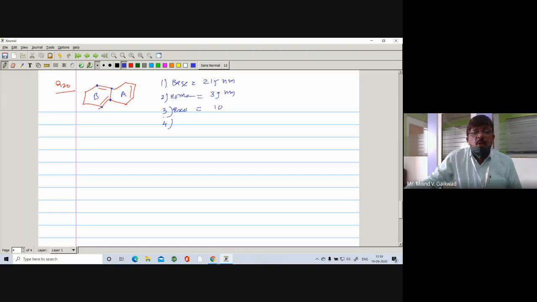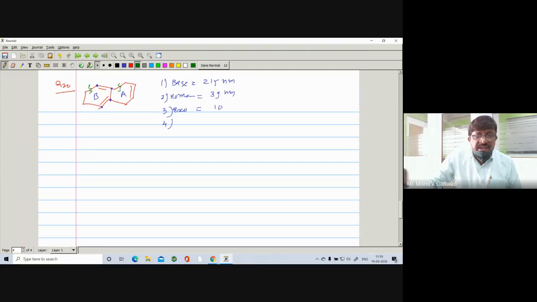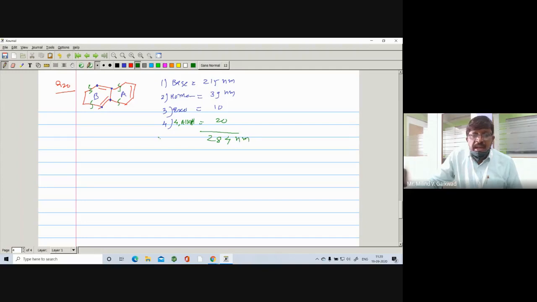Then you have to go for the alkyl substituents. Here this carbon is directly attached here, and this is directly attached here, and also this one. So in total there are 4 alkyl substituents. So 4 into 5 is equal to 20 nanometer. Just add, and you will get the answer. So 215 plus 39 plus 10 plus 20 gives 284 nanometer. So lambda max calculated is equal to 284 nanometer.